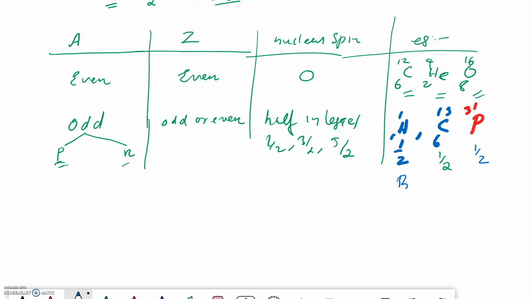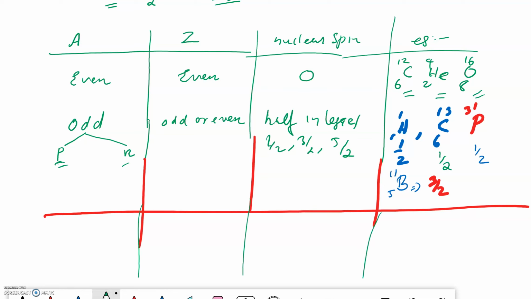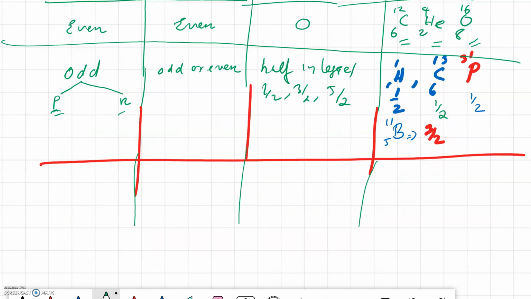But for boron 11, B511, the spin is 3 by 2. In all these cases, spin is a half integral spin.